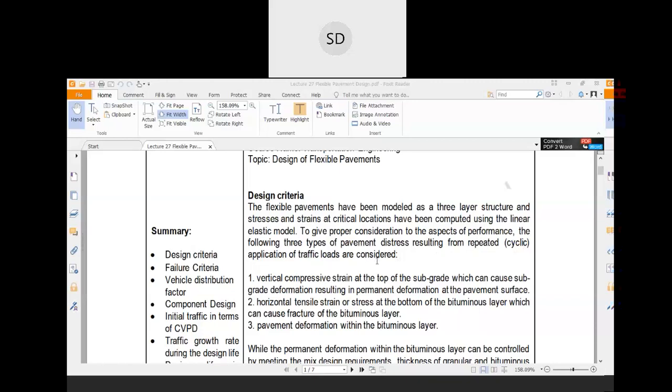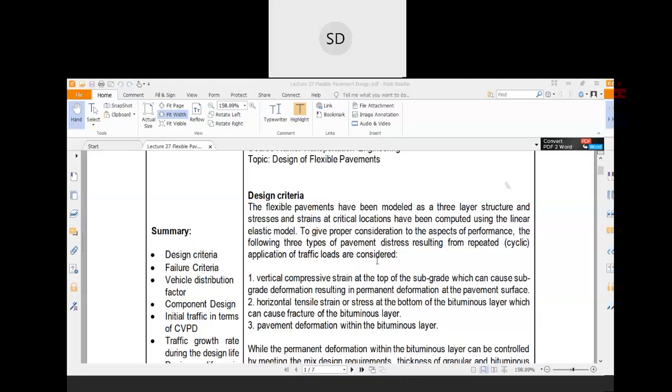Now, why are cyclic applications of the load considered over the pavement? Because in the pavement condition, you cannot put a purely compressive force, or a purely tensile force. So the force applied over the pavement surface is different. Basically there is some rolling load or repetitive load, because vehicle tires are moving over the road repeatedly.